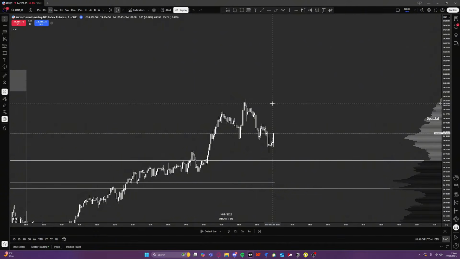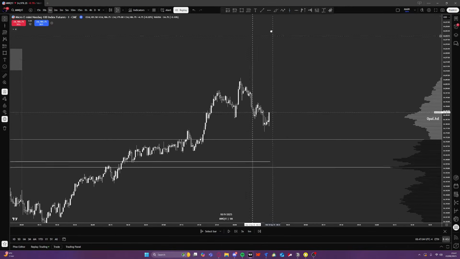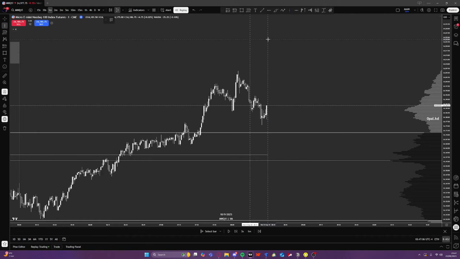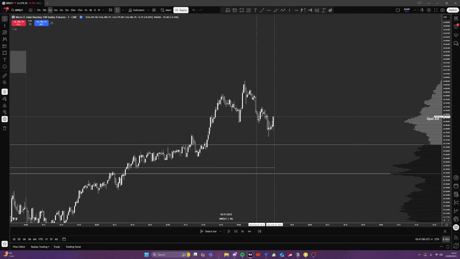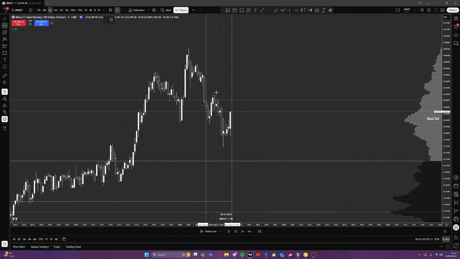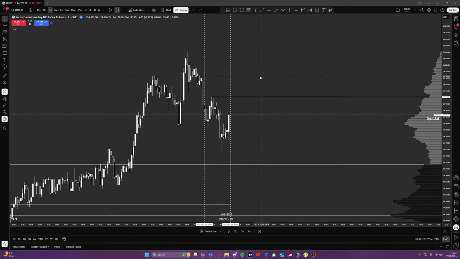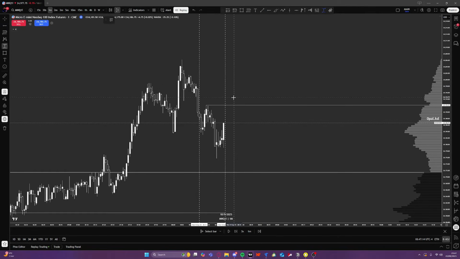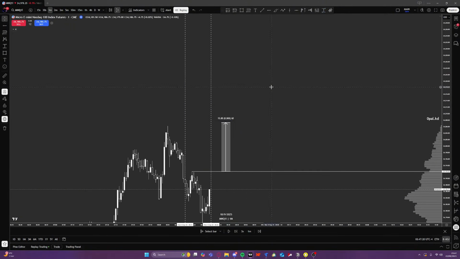So what we're going to do is we're going to mark out 8.15 and 8.30. Now we're going to take the most recent high within this range and we're going to measure 15 points above this. Many of you probably know this as the 15-point method or 60-tick method, whatever it is.